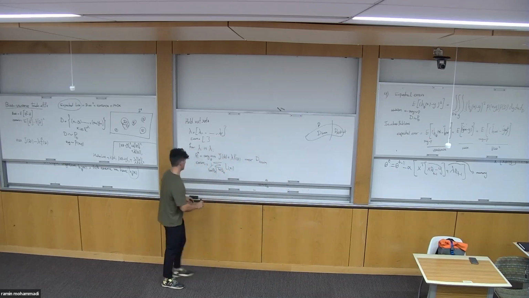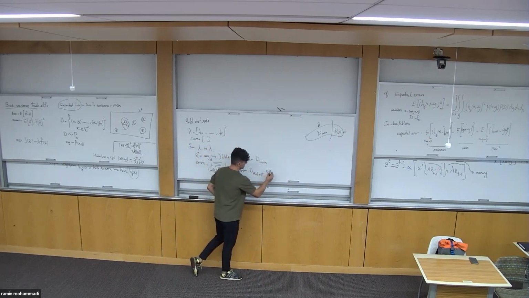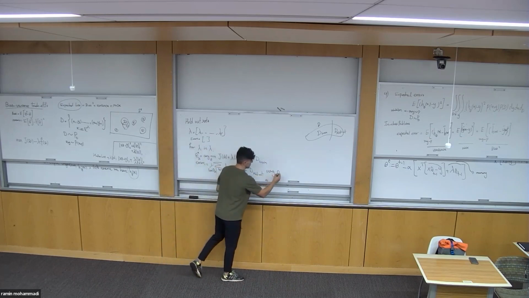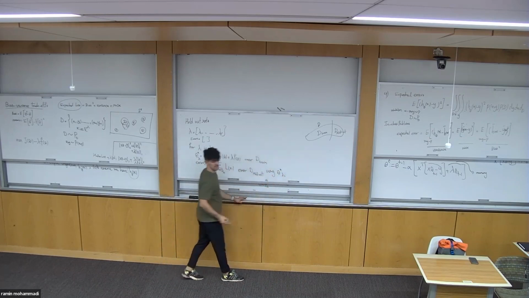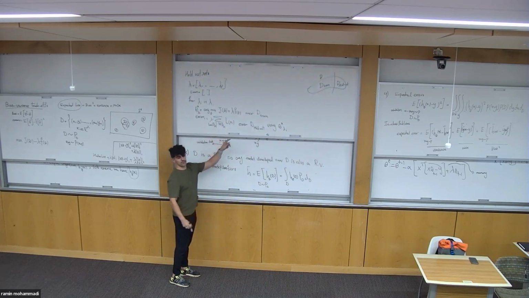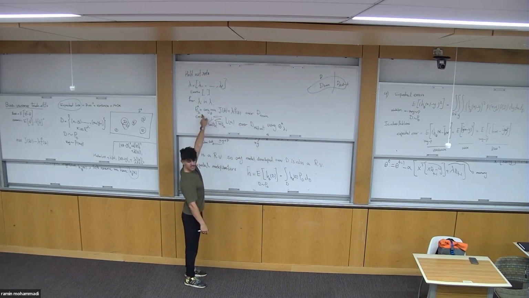Over the holdout, using theta star lambda i. This is for lambda i. So I calculate the average error for the holdout set using the theta that I just learned here.